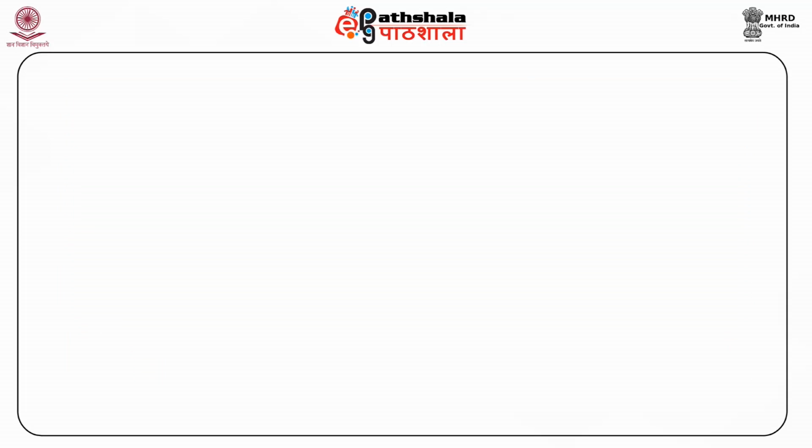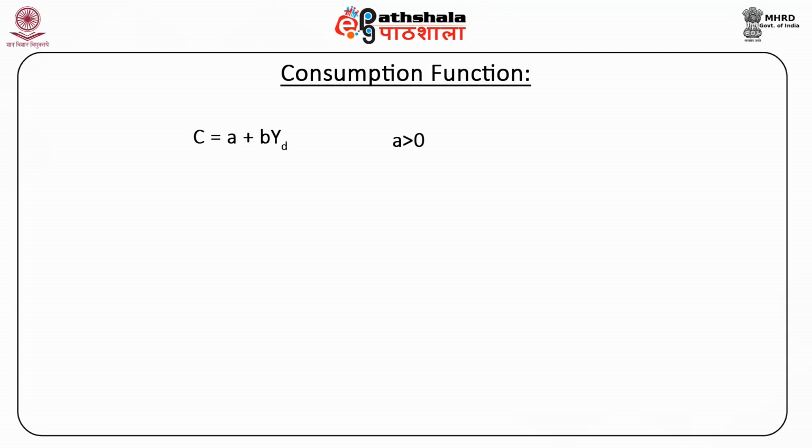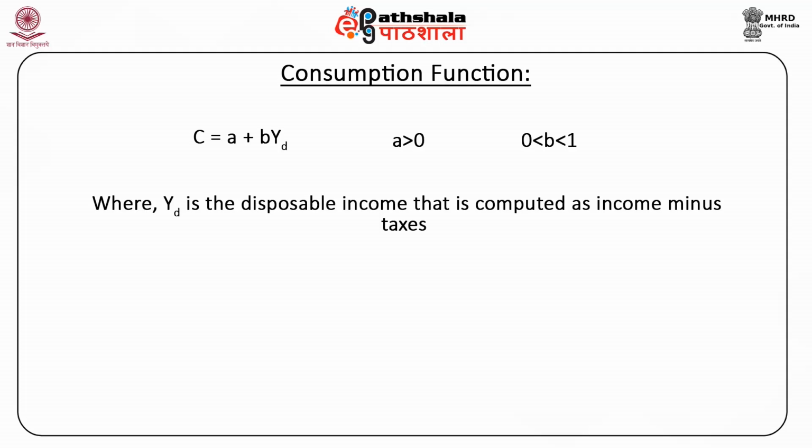In such a case, the consumption function can be expressed as C = A + B YD, A greater than 0, B between 0 and 1, where YD is the disposable income that is computed as income minus taxes. C = A + B(Y - T).